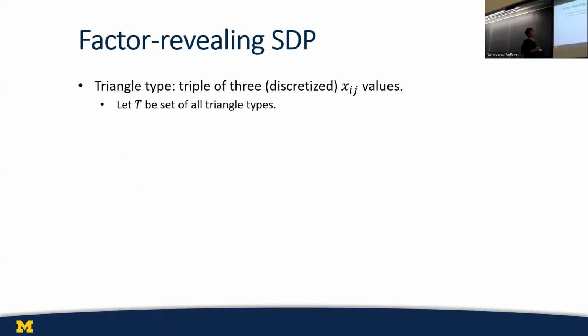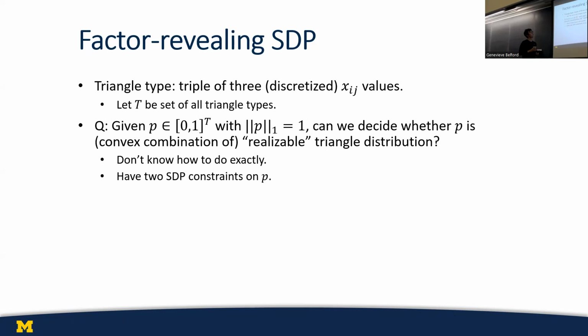Okay, so formally we say that a triangle type is just a triple over 3 discretized Xij values. Let T be the set of all the triangle types. Then the question we are asking is, suppose that we have some probability distribution P, is this triangle distribution realizable for any instance that can arise from our cluster LP?